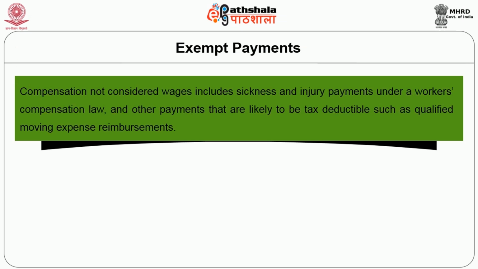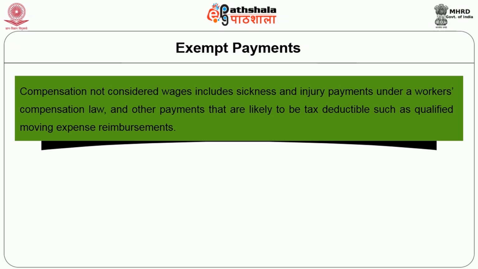And now, apart from all these compensations, we also have one term, which is exempt payments. Compensation not considered wages includes sickness and injury payments under a workers' compensation law.